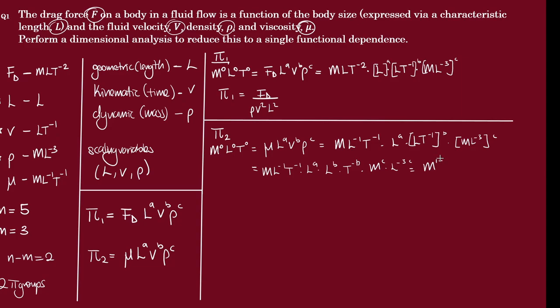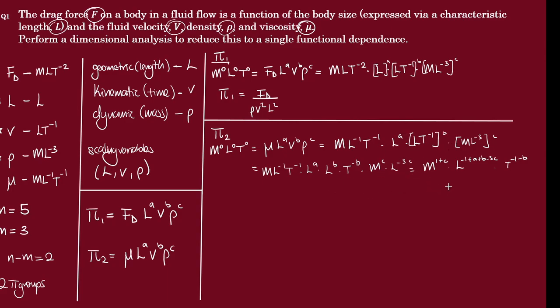Then for L, look for the L terms: that's L raised to power minus 1 plus a plus b, and the last term, minus 3c. Then the time term, so that's T raised to power, how many terms do we have here? 2 terms. So that's T raised to power minus 1 minus b.